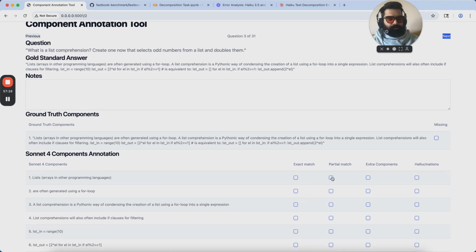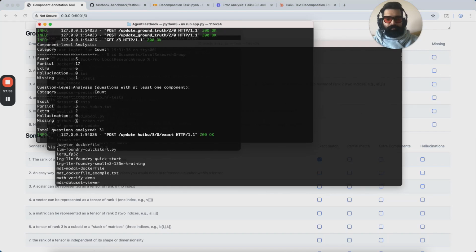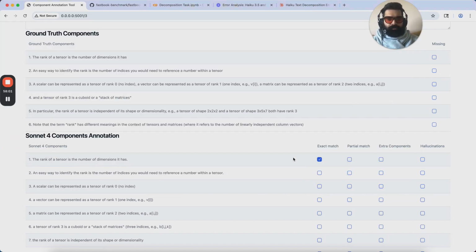Okay, lists, partial, partial, partial, partial. So it included this here. Partial, list out. And then this last part it didn't include, so I'll just say that's missing. I think that's our first missing one. Okay, exact match. And missing is 1. Yeah, okay, good. Easy way to identify exact scalar. So partial, partial, partial, partial.